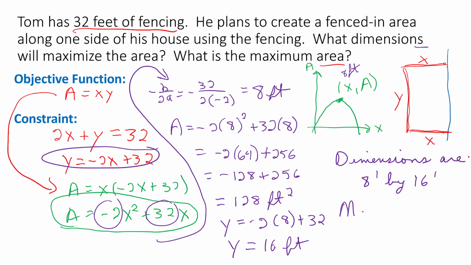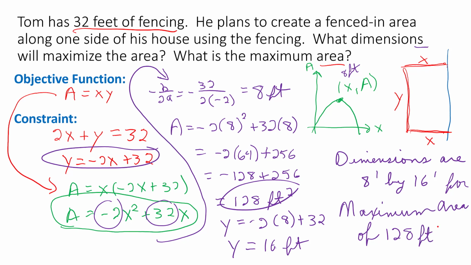So we'll say the dimensions are 8 feet by 16 feet for maximum area of, what did we find the maximum area was? I'm losing myself. 128 square feet. Okay, so there you go.